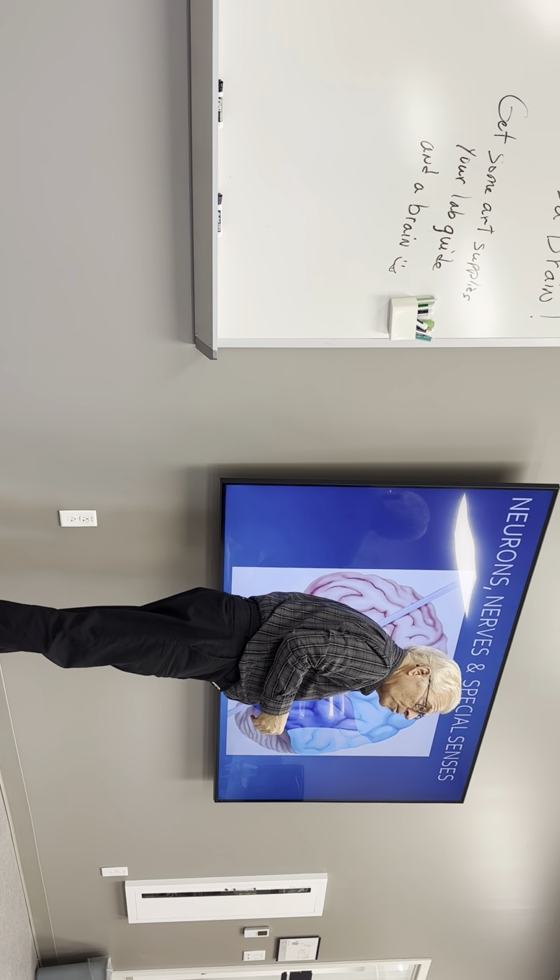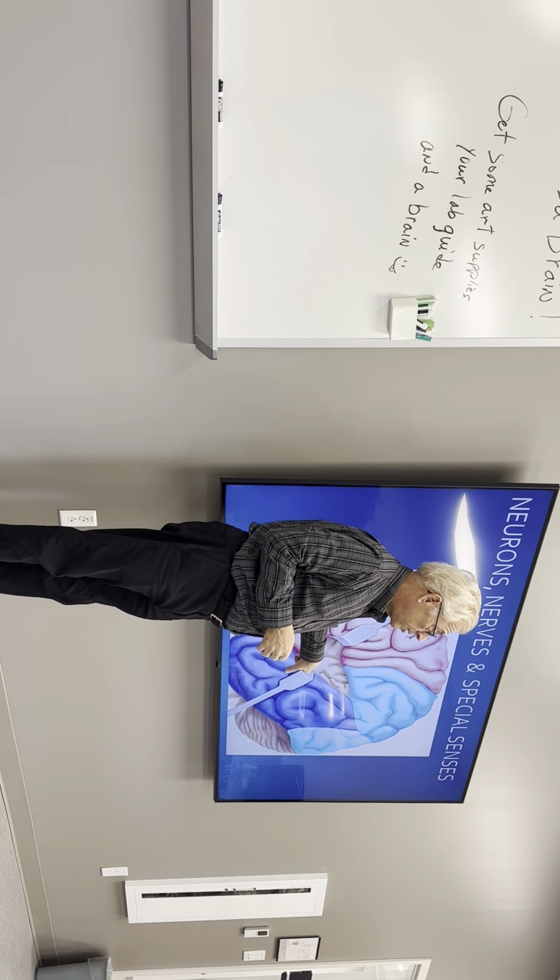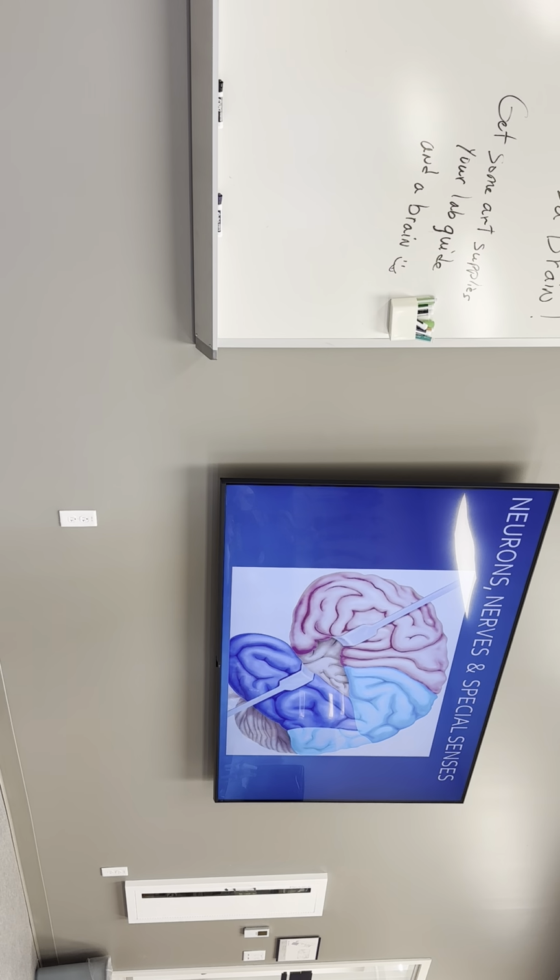If I move the temporal lobe out of the way, what do we see underneath there? Another lobe. And what do we call that? The insula, which is this. Got it? Two more lobes on the inside, up underneath the temporal lobe. See how the temporal lobe is right here?